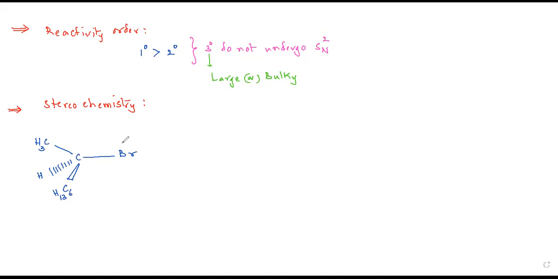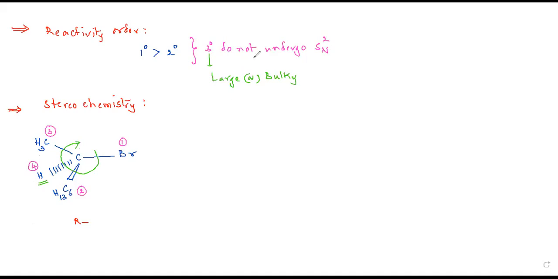First rank, second rank, third rank, then the fourth rank. Now, while going from first to third, we are going in a clockwise manner. And with the least priority group bonded by dash, we can simply say that here the configuration is no doubt R.